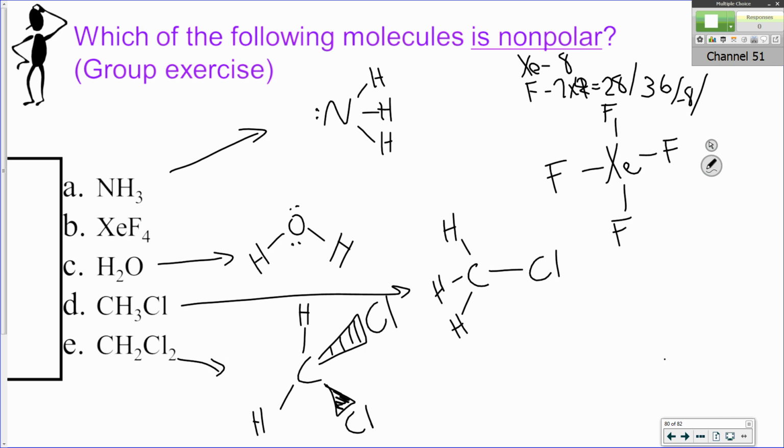That gives me 26. That uses 24. Okay, so 1 lone pair is what I've got on that one.